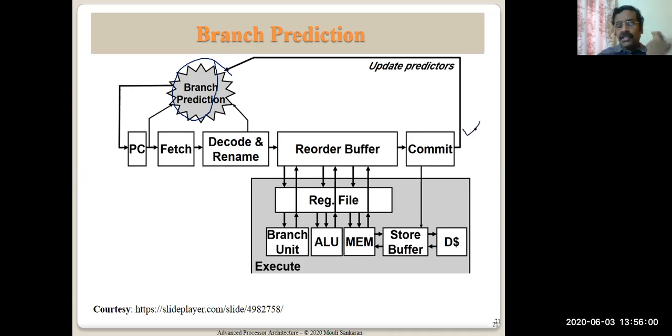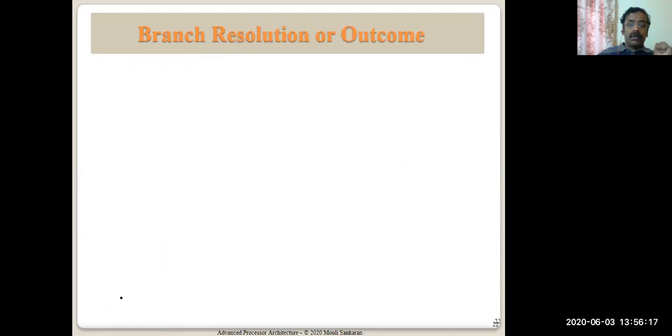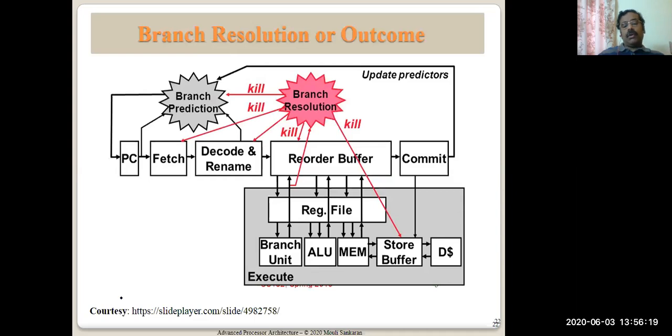So I need to know finally what decision was taken. Suppose my prediction was wrong. It was not true. Whatever I thought, and then I fetched instructions which have all already come inside. My prediction is wrong. What should I do? This is what you have to do. If my prediction is wrong, kill all the instructions which have come and which I executed with the hope that my prediction was correct.